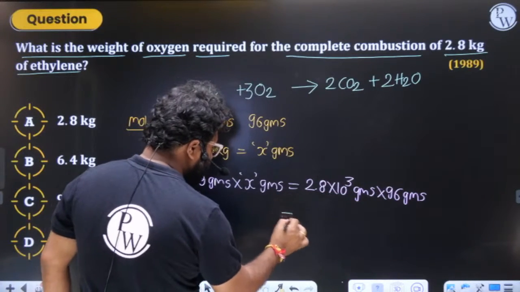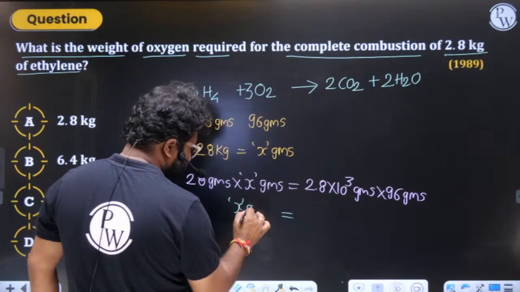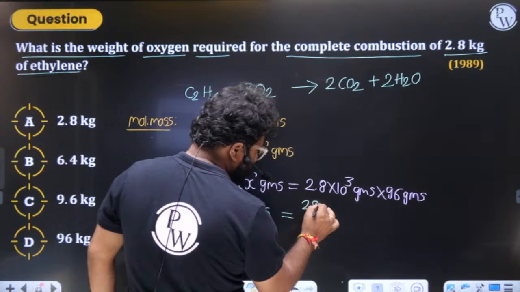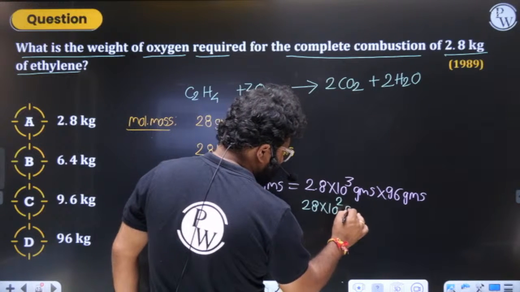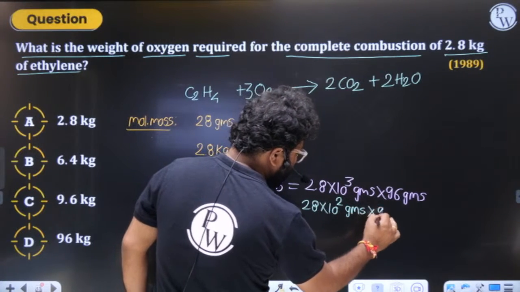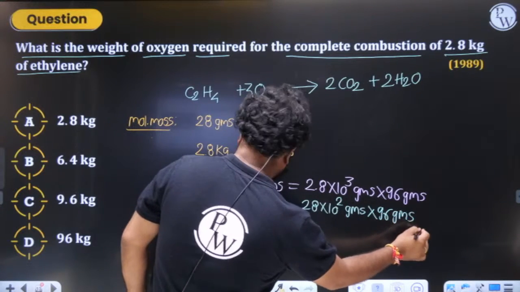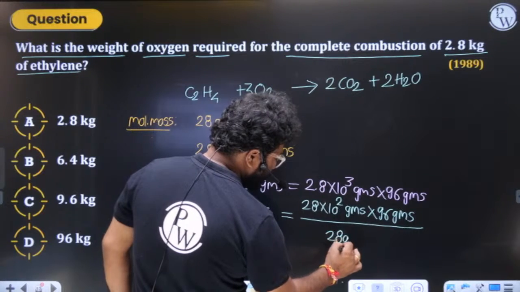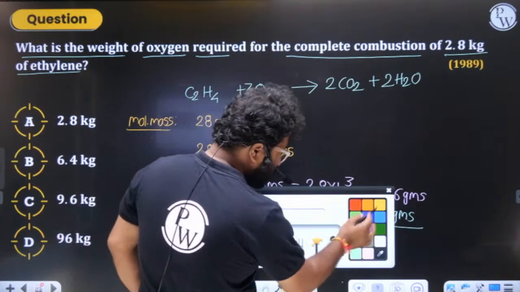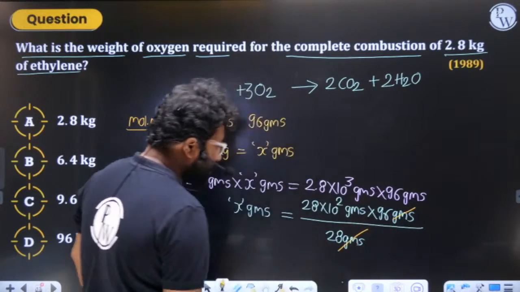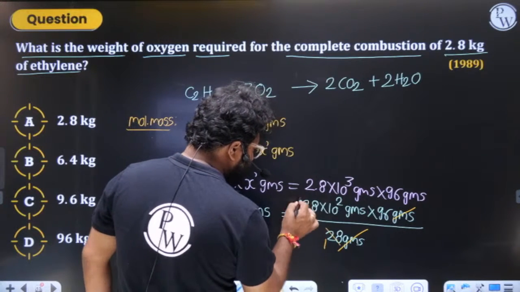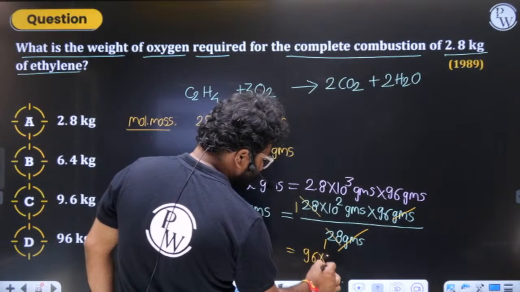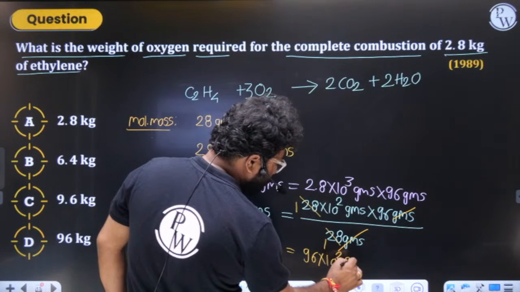Now let's make it x grams: 2.8, let's make it 28 into 10 raised to 2 grams, multiplied by 96 grams divided by 28 grams. So grams gets cancelled. 28 ones are 28. So 96 into 10 raised to 2 grams.